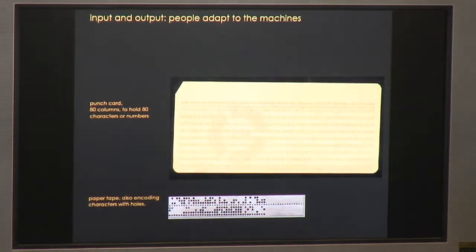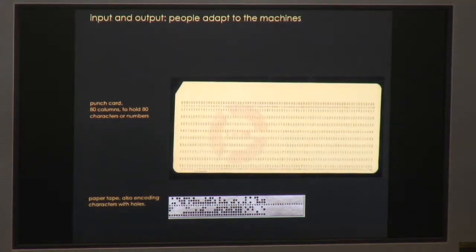Here's one of the cards. In fact, when I very first went to university in the 80s, they had retired the punch card computer the year before. But they were still using paper tape computers. Here's a tape that has holes punched into it for programming.